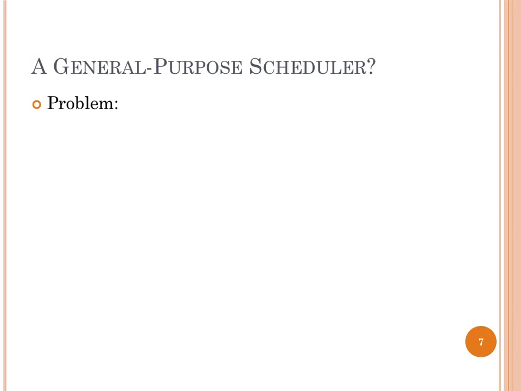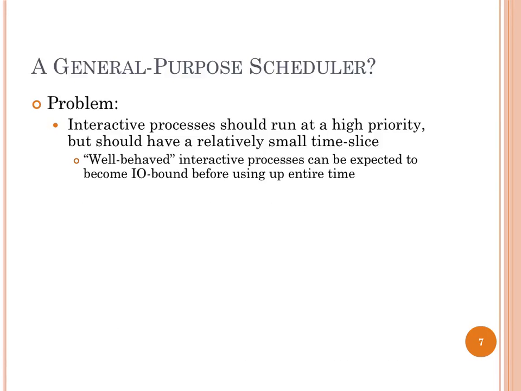Okay, let's see. So, we have ideas about how to schedule these different kinds of processes. But you can see that each one has its own special needs. And so we need to make sure that each kind of process is handled in a nice, proper way to make the overall system behavior good. So interactive processes should run at a high priority.